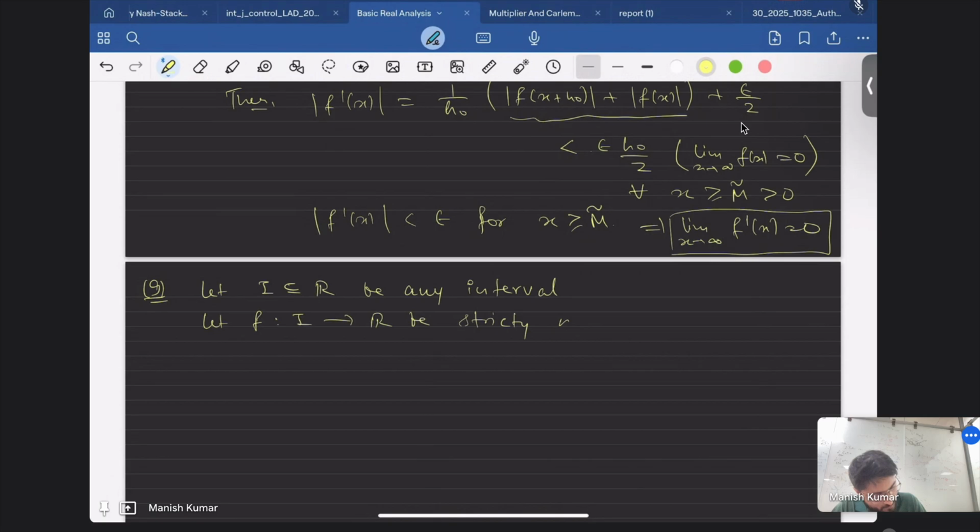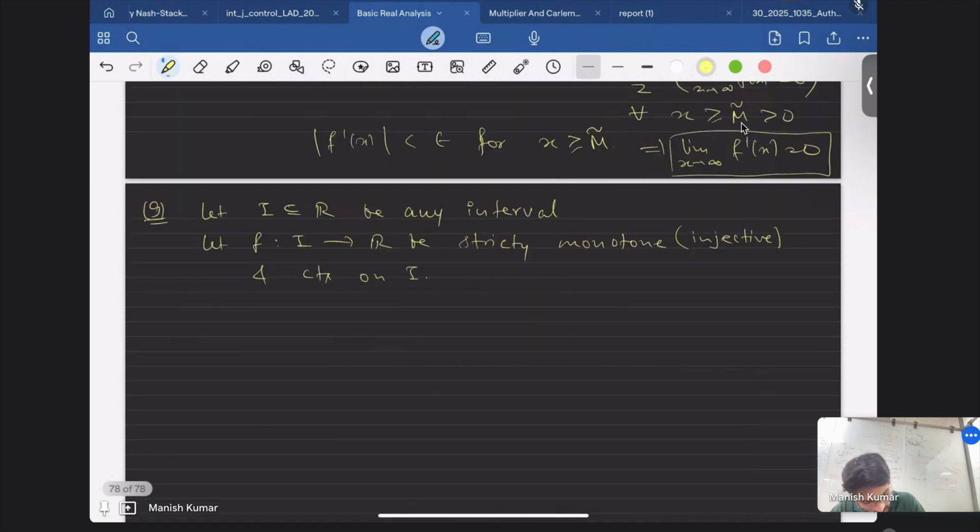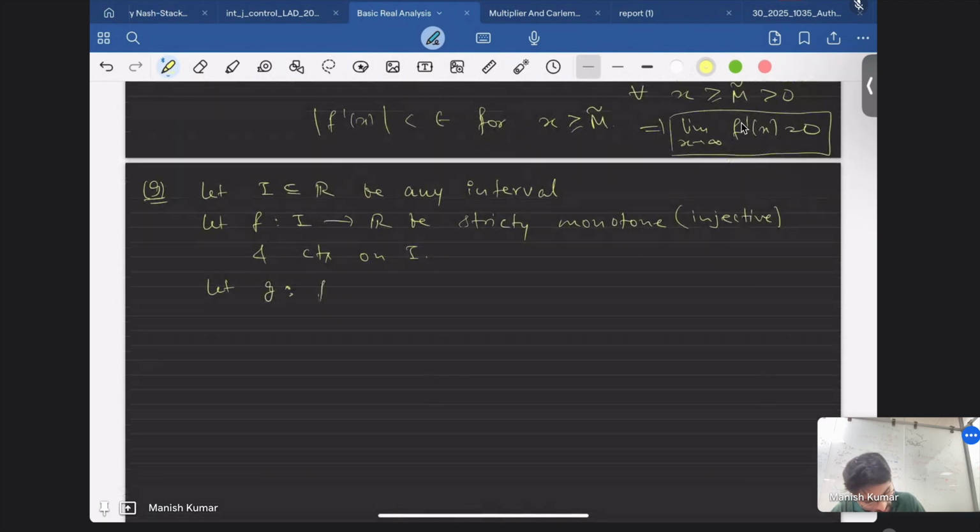Okay, so injective, this would imply, and continuous on I. Let g be a function from f(I) to I, which is a subset of R. Wait, it's already written. g is the inverse of f. Okay, so now this is the thing.